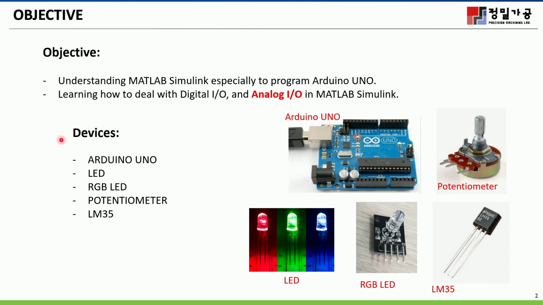All right, and the devices we need in here, of course, Arduino, you know. And the best way to learn analog input-output is use the potentiometer, of course, and we still have to do maybe LED to represent the output signal using LED.